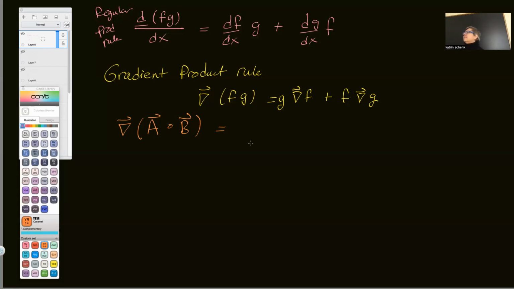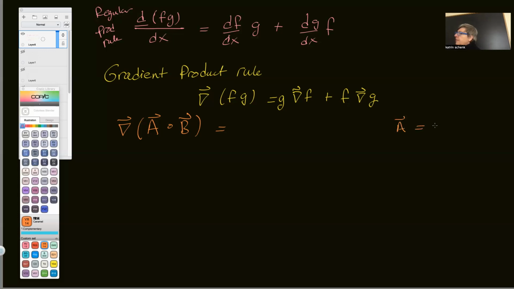So the gradient thing, they turn a scalar into a vector. And they're taking the gradient of the dot product of vectors. Yeah. Because that's a scalar, right? Let me just write a little example out here.